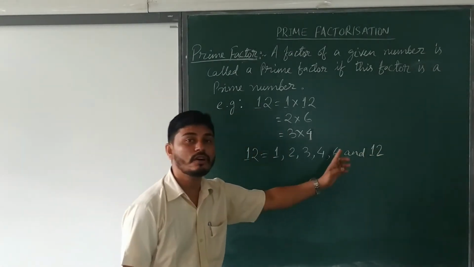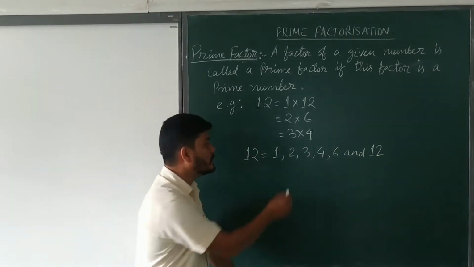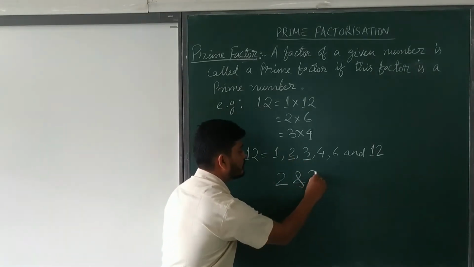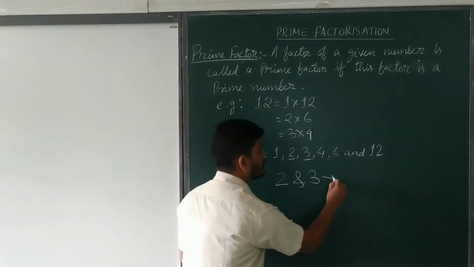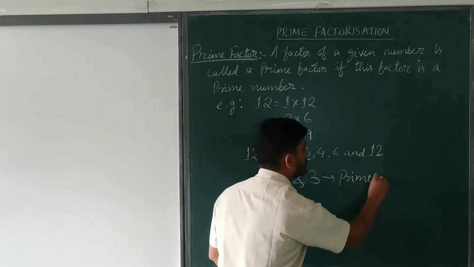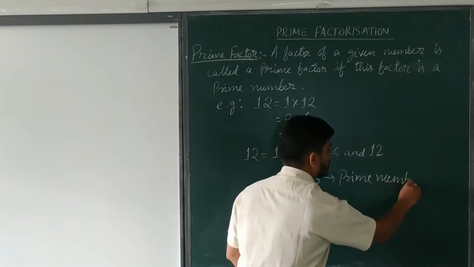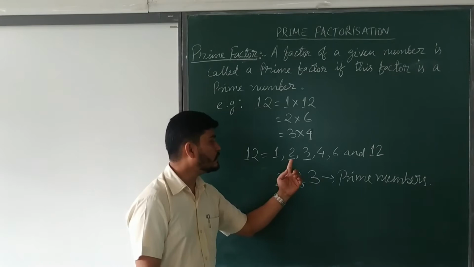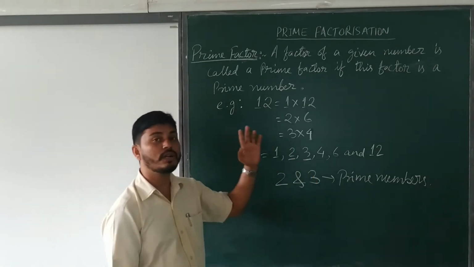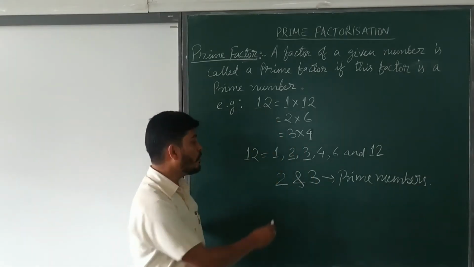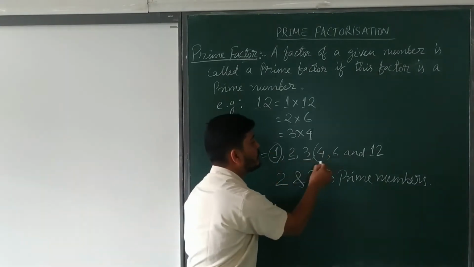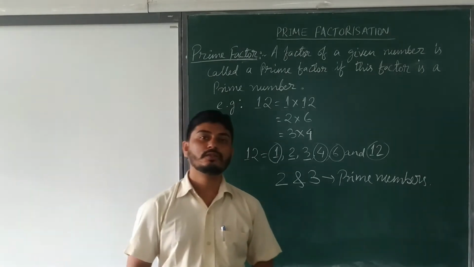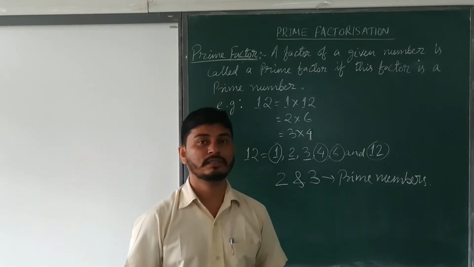Where you can see that the factors 2 and 3 are prime numbers. So these two factors, that is 2 and 3, are called the prime factors of 12, whereas the other factors 1, 4, 6 and 12 are not prime numbers, so they are not prime factors.